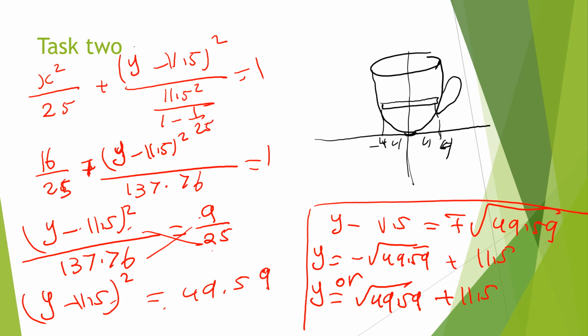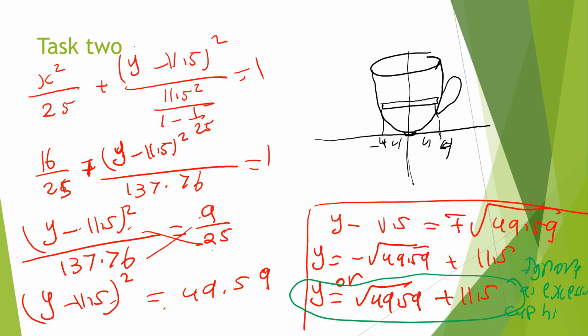If you try the plus one, you will get a number that is higher than 12, which means it's more than the cup, the bigger cup, so that needs to be ignored. That's why you will have to say ignore as exceed cup height. So it's only this one here you will take into account.